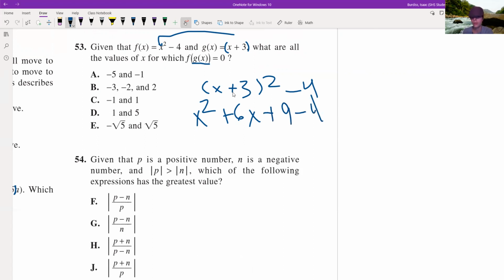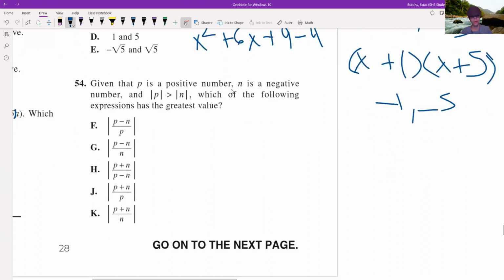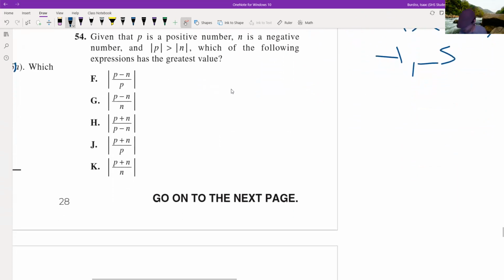Okay. All right, then we have this. That factors out to, let's see, sum of 6, product of 5, 1 times 5, got it. They have to be positive, so solutions are this. All right, what's this thing?